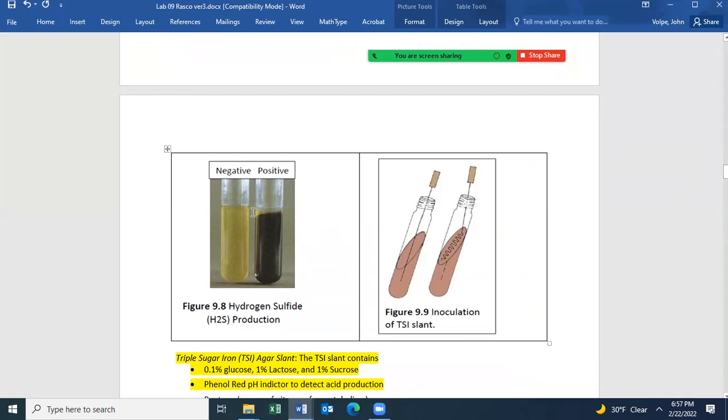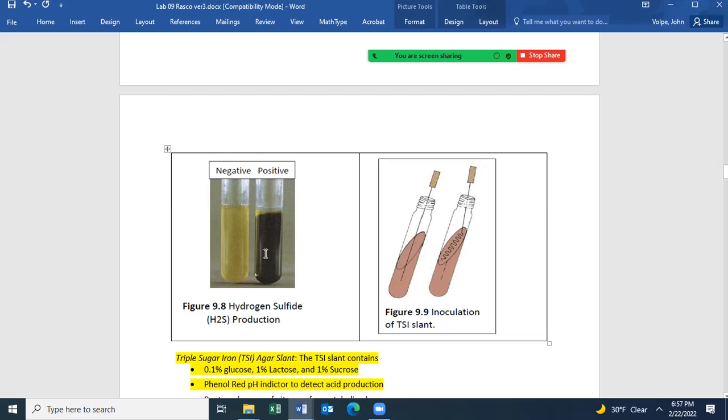And you'll notice it's not black at the very top. That's because the hydrogen sulfide is only made under anaerobic conditions. So it'll be made usually in the lower portion of the tube and not in the upper portion of the tube. This one, most of the tube is black, but sometimes you'll only see it black in the very bottom of the tube because that was the only region of the tube that was anaerobic.